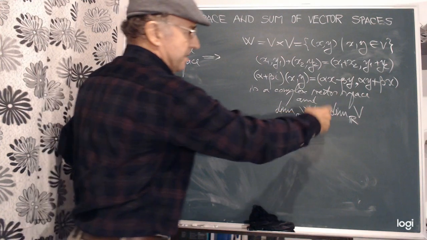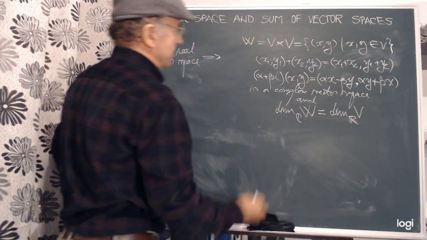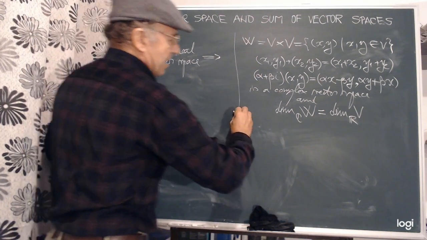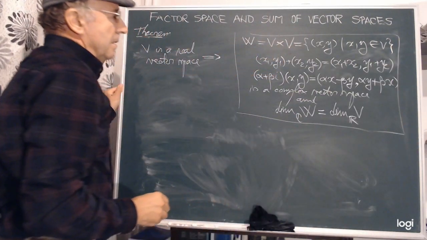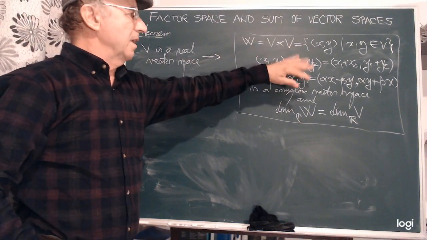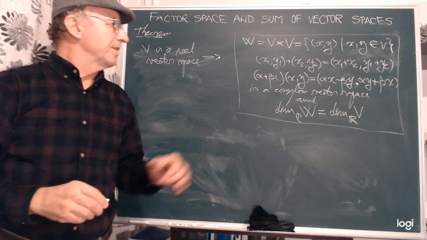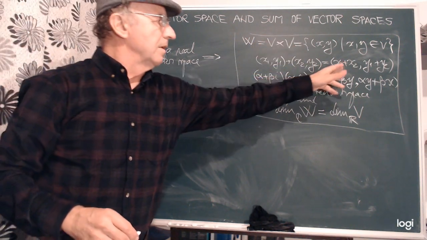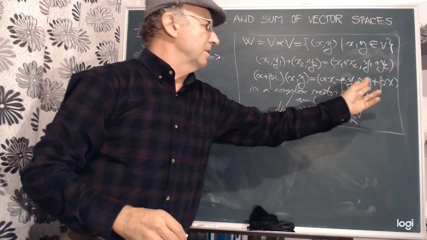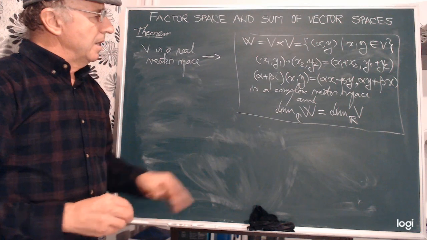In this case, after this construction, the dimension remains the same. One can easily prove that all of the axioms of a vector space are satisfied with the vector addition and scalar multiplication defined in this way.